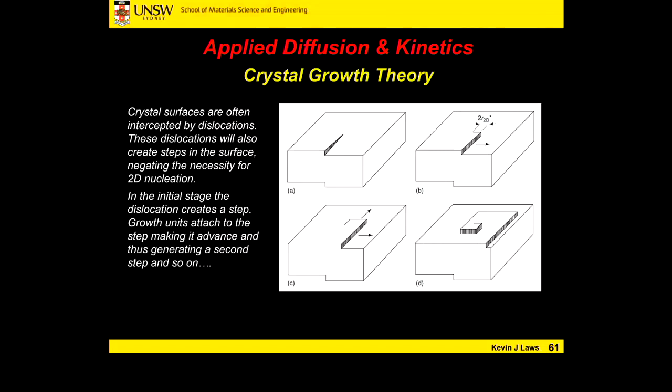Something that also happens in this birth and spread type growth is we might have actual defects within our material that are also assisting in this growth. We've already spoken about nucleation being interfered with, or heterogeneous nucleation being favoured at sites of deformation or vacancies or just flaws in our crystal structure.